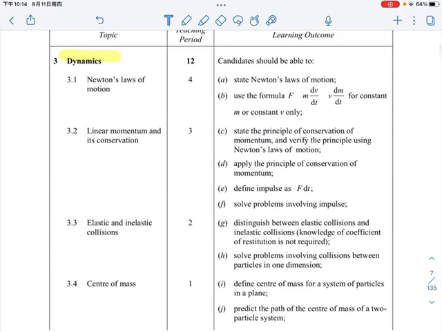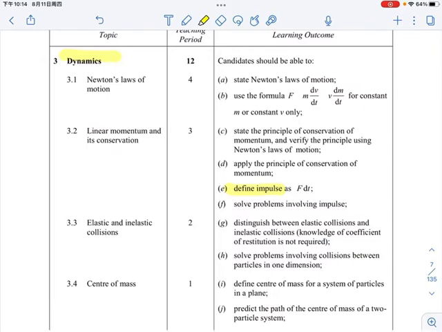Like number 3, dynamics, you just have to remember Newton's first law, second law, third law, and know how to use the formula. Defining is very simple, like they ask you the meaning of impulse.